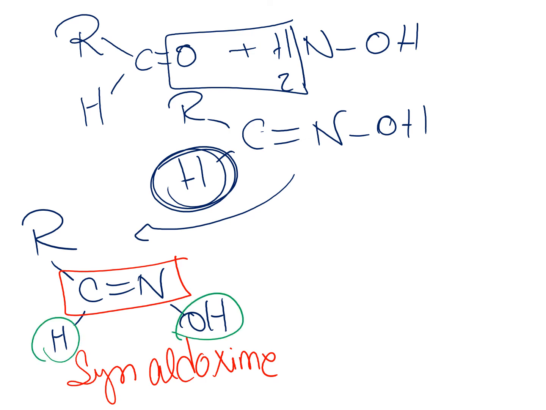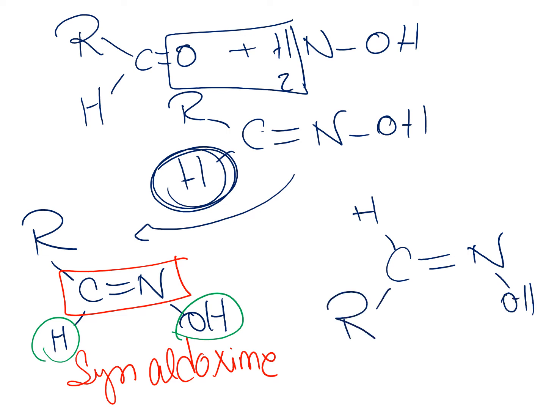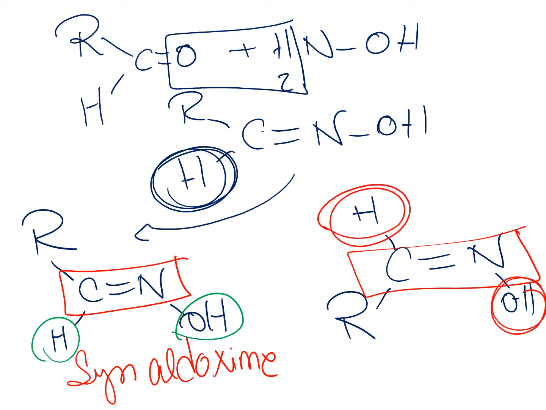If they are on the same side, then this is the syn compound. If they are on opposite sides of the double bond, this is your double bond, you have the OH on opposite sides to the H, then this is the anti-aldoxime.